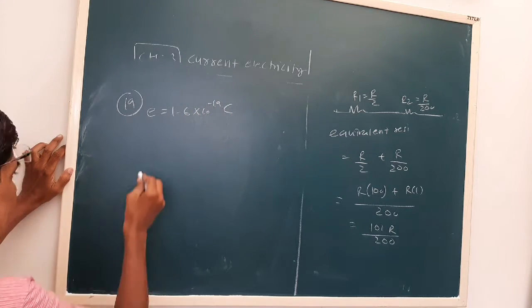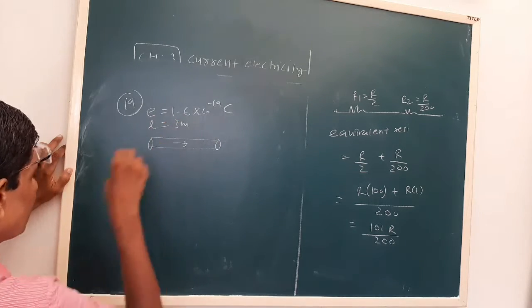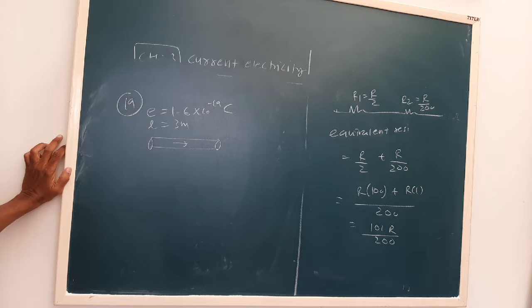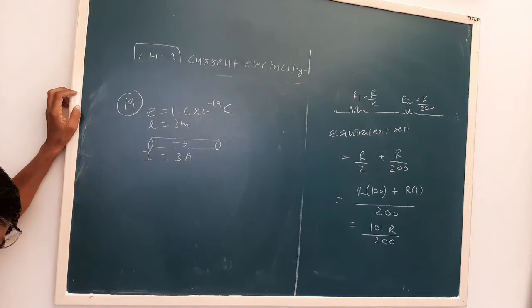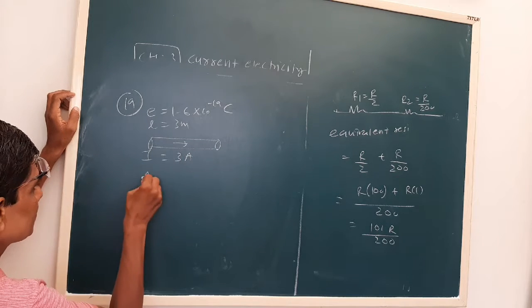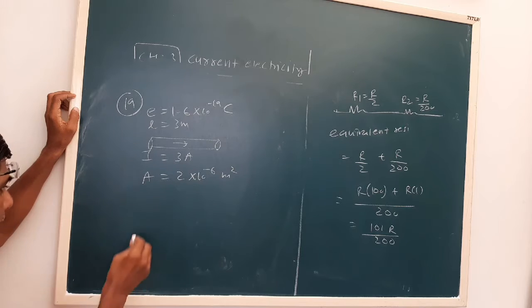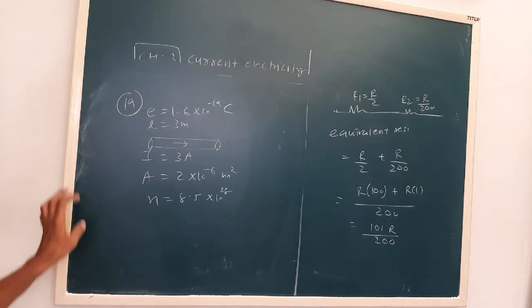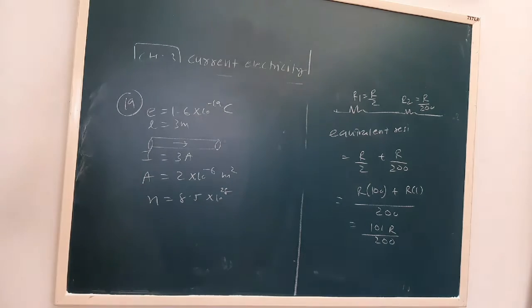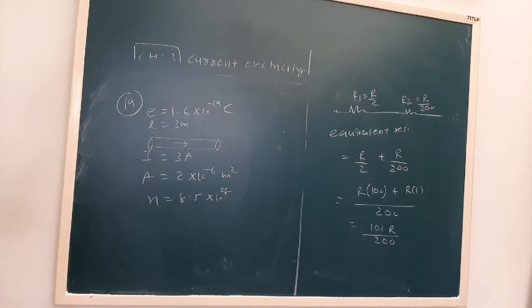A copper conductor of length 3 meter, current flowing is 3 ampere, area of cross section A is given, and number density is given. I think we have a numerical in the exercise with the same data. Now we have to find out the time.